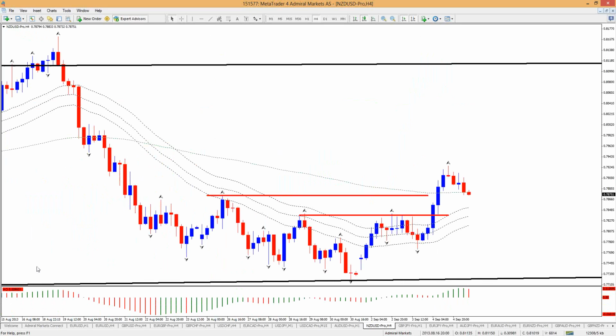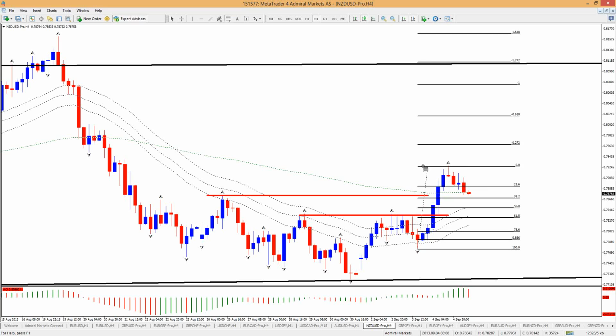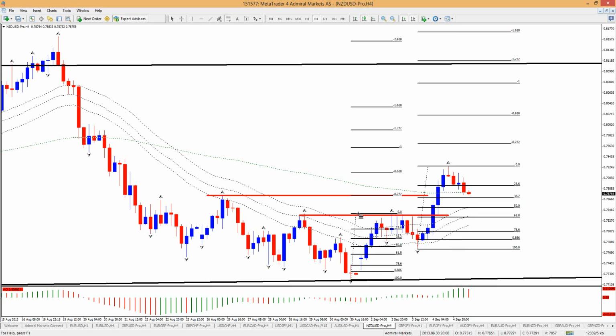So let's zoom into the 4-hour chart. We'll take a look at the stop loss and what could be good there. Well, we can put a fib on, of course. And we see we're at a 382 fib. Let's take a look at what the previous fib did. That was a 50% bounce.